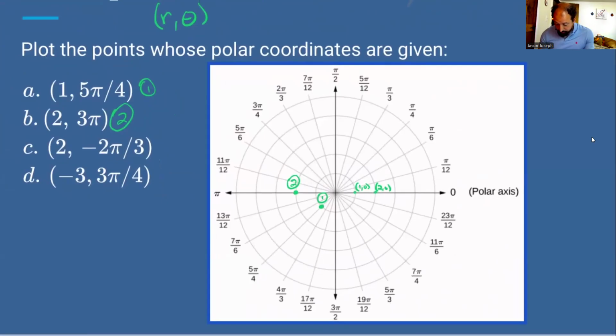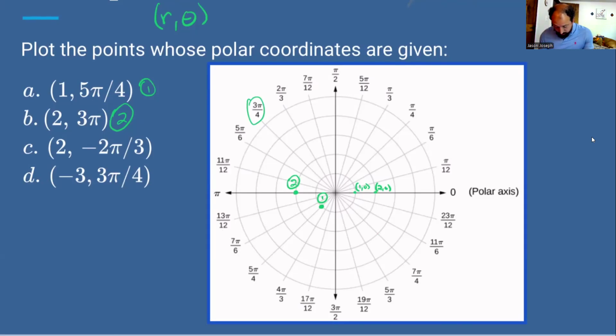So negative 2 pi over 3 means we're going this way by 2 pi over 3. And negative 3 pi over 4 means you find the angle 3 pi over 4, which is right here, and then negate that, so that'd actually be on the opposite side. So you just follow that line, 3 units.